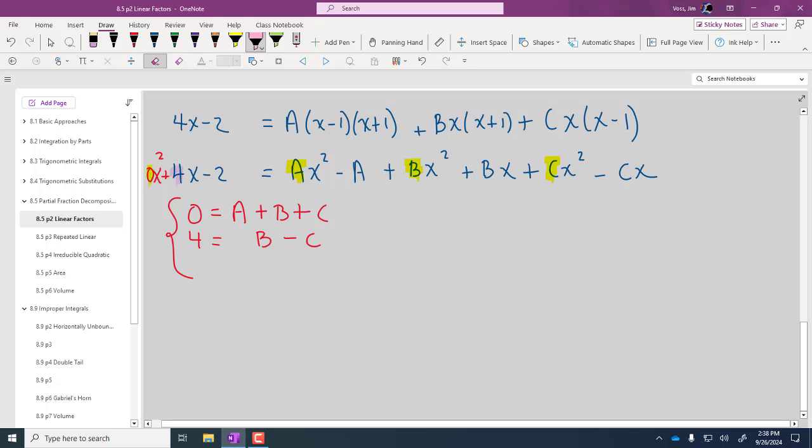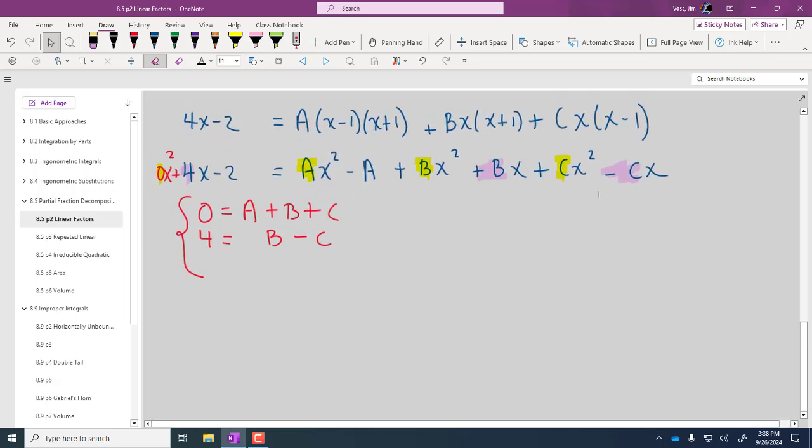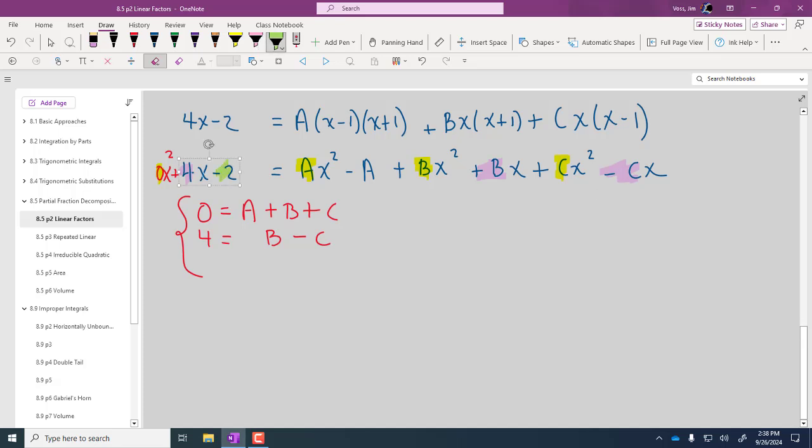Coefficient of x is 4, coefficient of x is b minus c. Then our last one, we've got the constant of negative 2, and over here, that's the only constant. Okay, that's going to make it easy. So constant on the left is -2. Constant on the right, the only term with no x, is minus a.